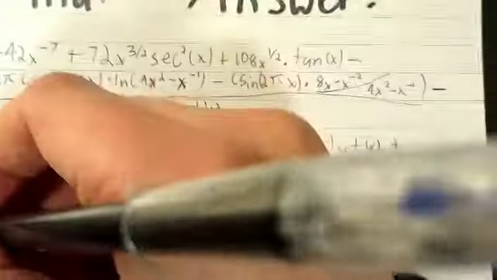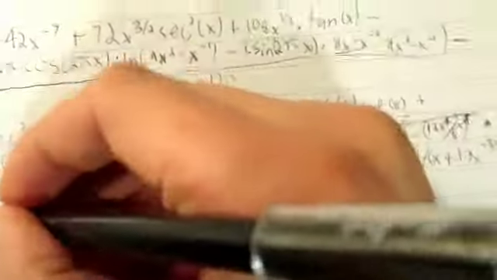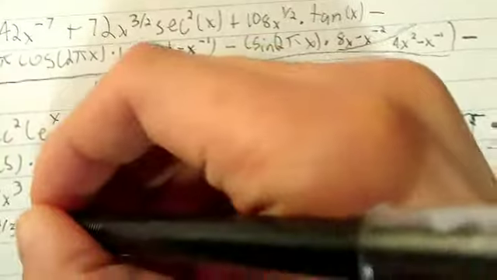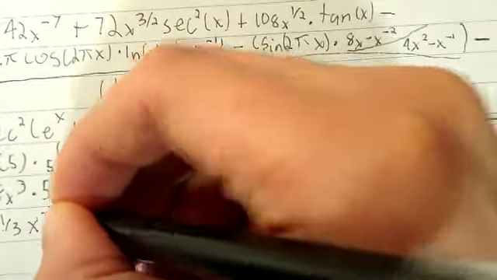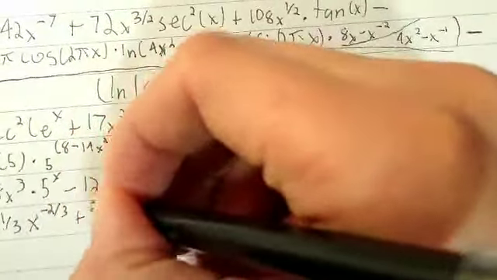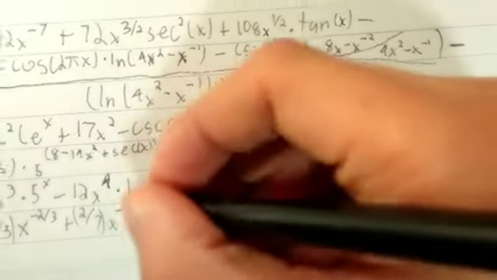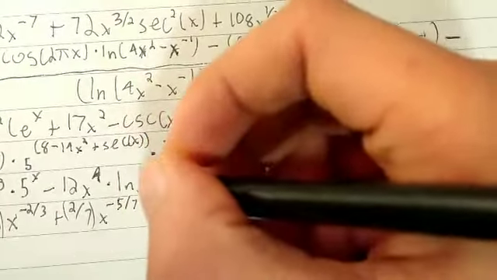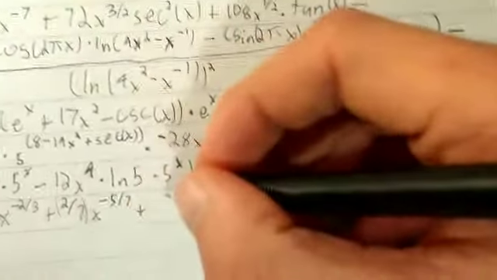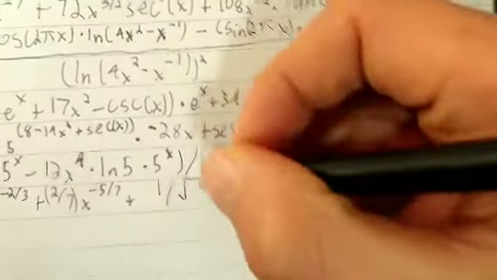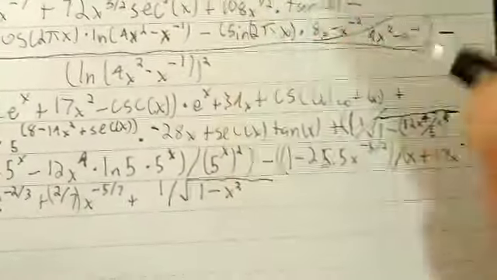So now that minus 1/3 of x to the negative 2/3 plus 2/7 x to the negative 5/7 plus 1 over root 1 minus x squared.